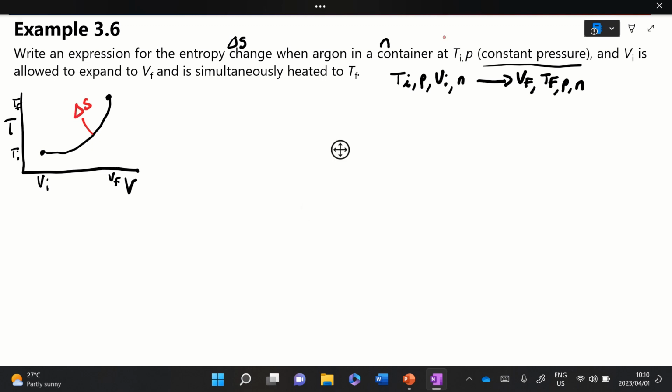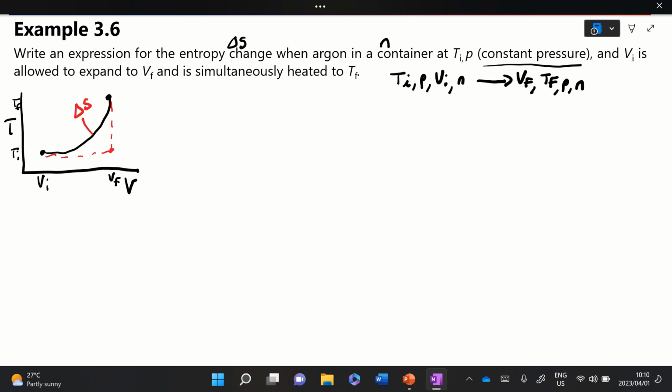But it's difficult to calculate for this isobar as it is, because this is a non-linear function at the moment. But we can do it if we break up this process into two linear processes: first a constant temperature process where we change the volume, and then a constant volume process where we look at the change in temperature.